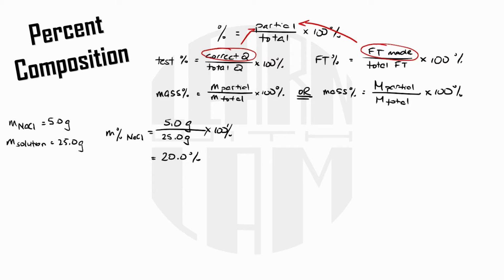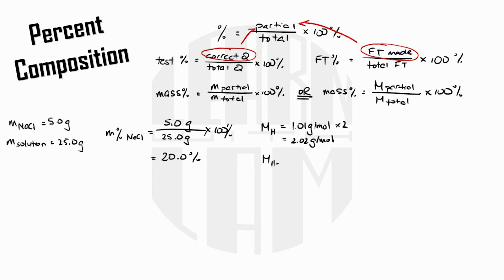Like I said earlier, I can still calculate mass percent without mass by using molar mass. For example, if I want to calculate the mass percent of hydrogen in water, I need the molar mass of hydrogen, which is 1.01 grams per mole. But remember that there are 2 atoms of hydrogen in water, so I'll multiply it by 2, and that gives me 2.02 grams per mole.